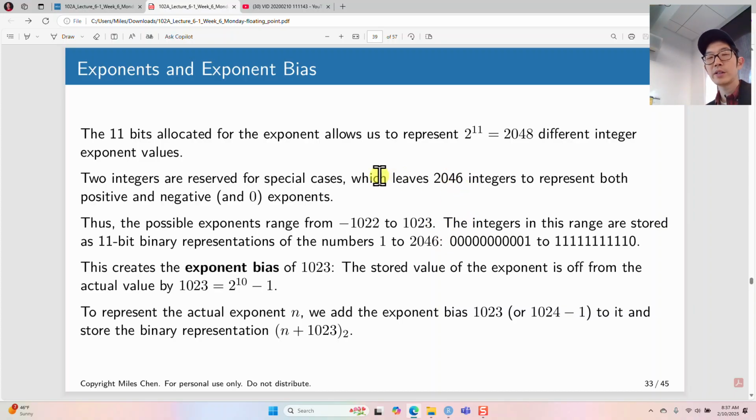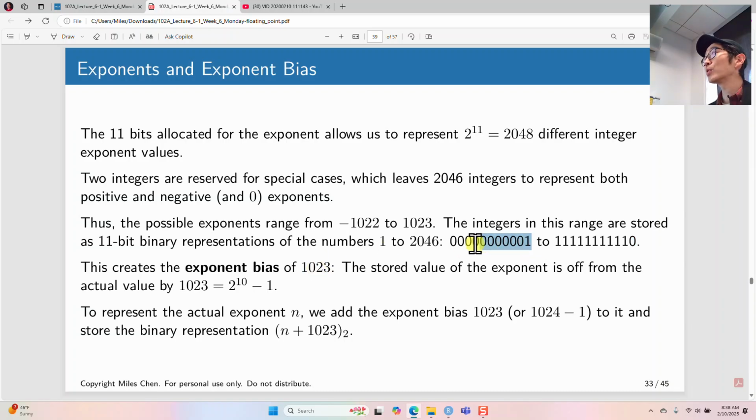The 2 integers that are all 0s and all 1s are reserved for special cases, so the smallest number we'll have is a 1, and the largest is 2046. We offset these numbers with a bias of 1023. So if our exponent is equal to 2046 in binary, we take this number 2046 and subtract off 1023.